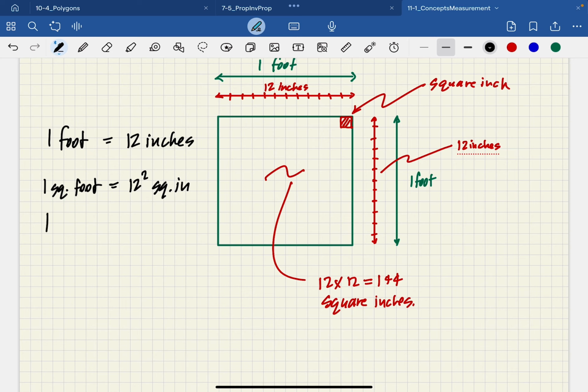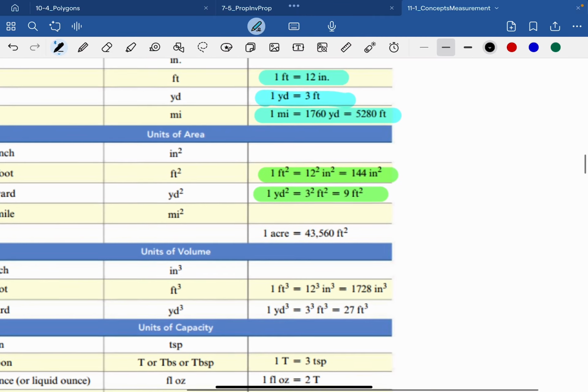That is 1 square foot equals 144 square inches. I hope that makes sense. But that's what's going on here. That's why 1 square foot is 144 square inches. You can kind of imagine 1 square yard then being, well, a yard is 3 feet on a side, so 3 times 3, 9 square feet.